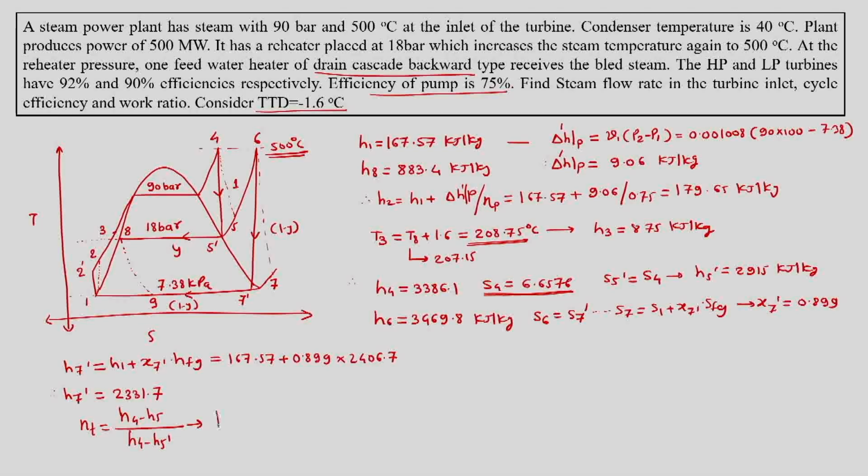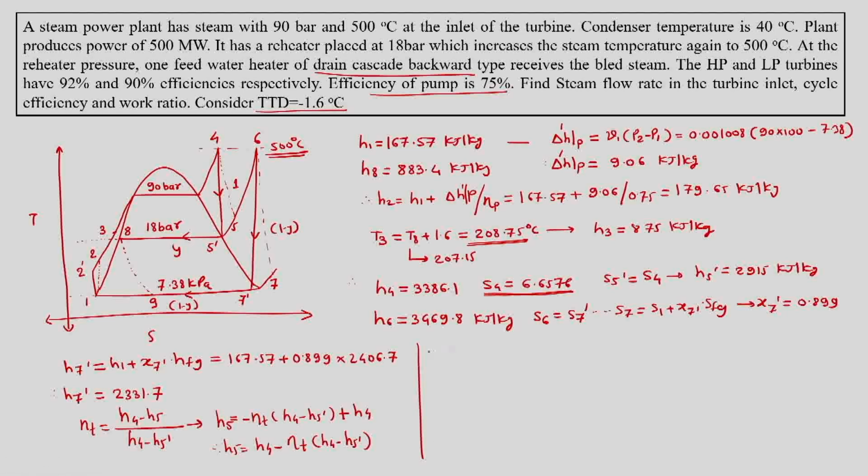This gives us a hint to find H5, which is turbine efficiency into H4 minus H5 dash, with a minus sign, and then plus H4. So H5 is equal to H4 minus turbine efficiency into H4 minus H5 dash.